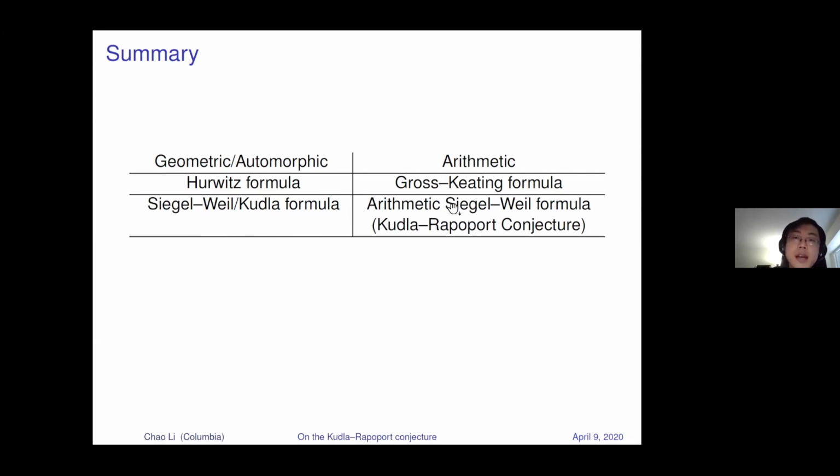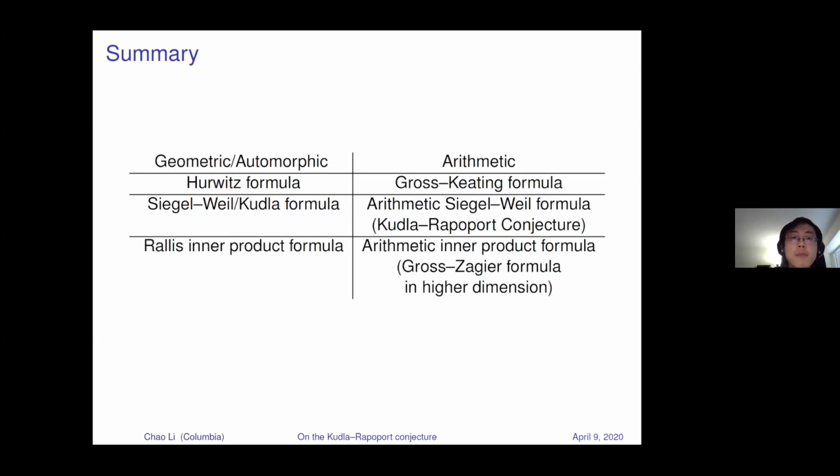On the arithmetic side, we have the Kudla-Rapoport conjecture, which is part of the finite part of the arithmetic Siegel-Weil formula. And via the doubling method, we get the Rallis inner product formula in the automorphic world, and the arithmetic analog known as the arithmetic inner product formula, which should be viewed as a higher dimensional generalization of the Gross-Keating formula.